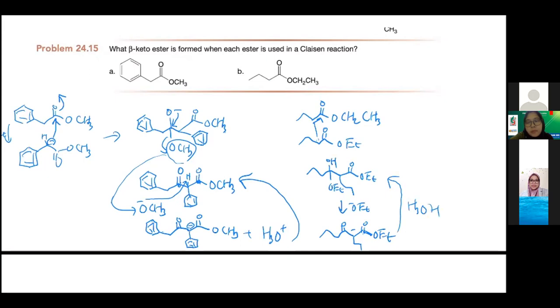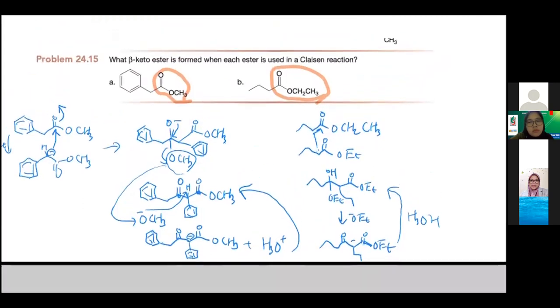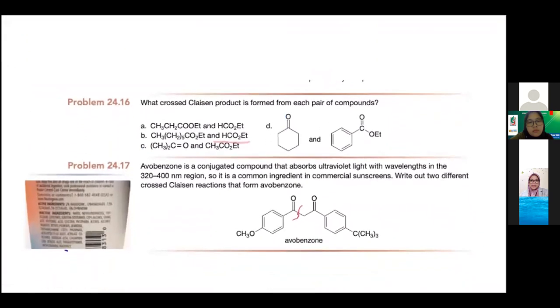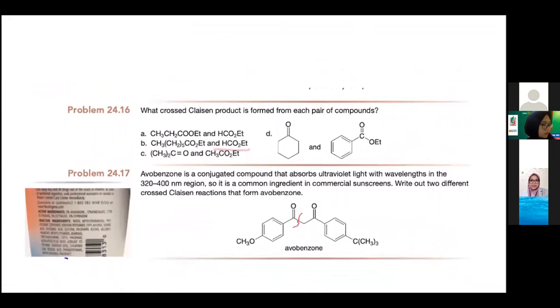In this reaction, the starting material uses an ester group. The ester group is a good leaving group. And next, again, the cross Claisen product is formed from each pair of compounds.